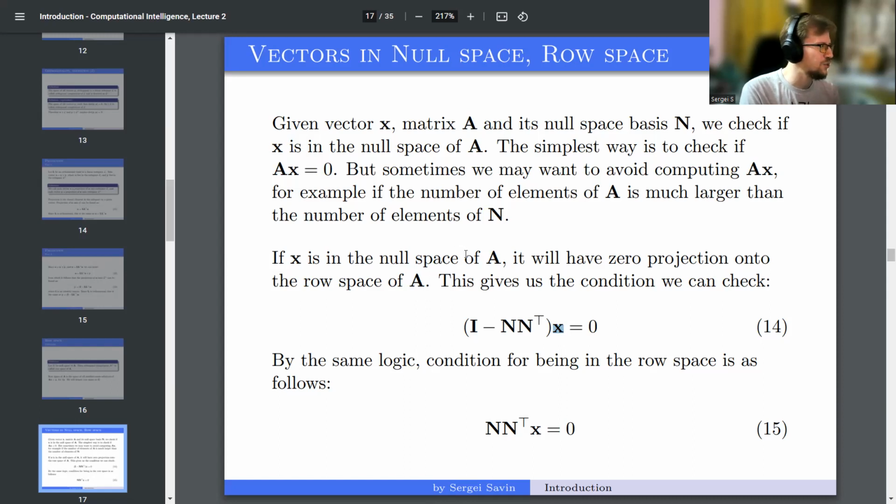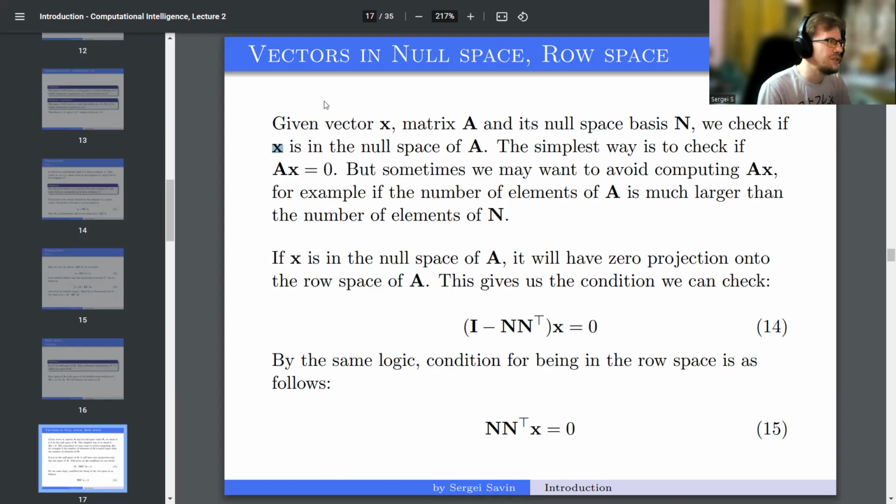Why do we need to check? What does the row space have to do with it? We were trying to check if x lies in the null space. If it has a non-zero projection onto the row space, it means it doesn't lie in the null space completely. It sticks out. So it has a component in the null space and a component in the row space, so it doesn't completely lie in the null space.